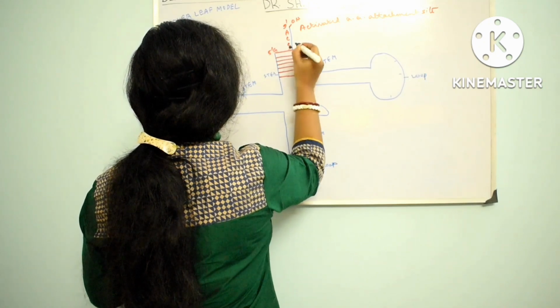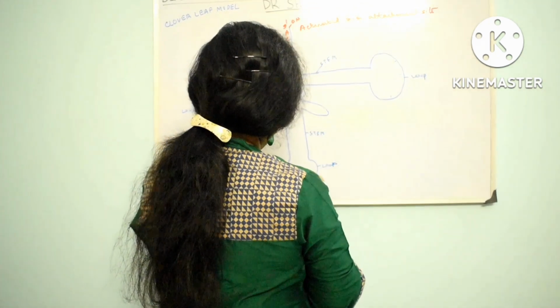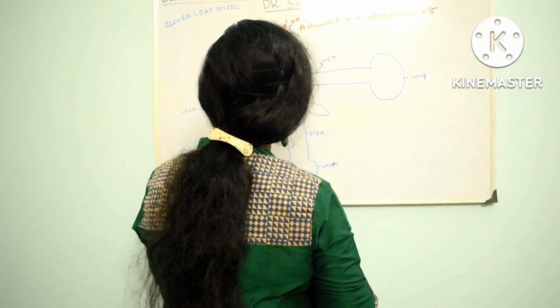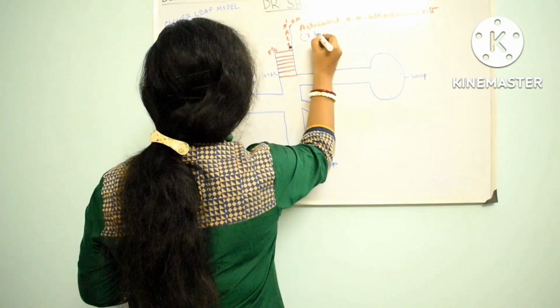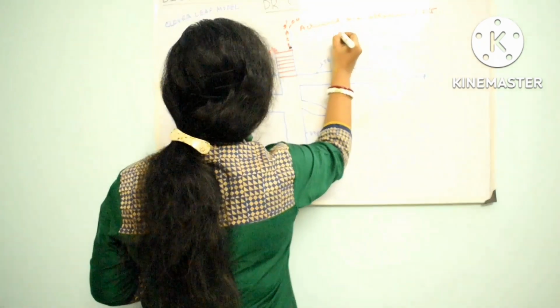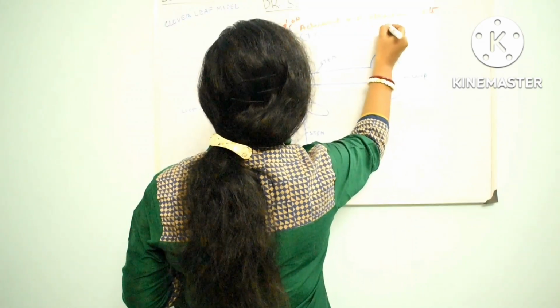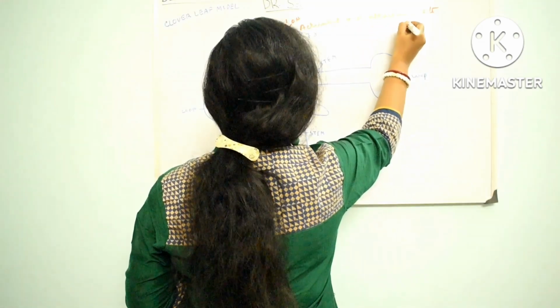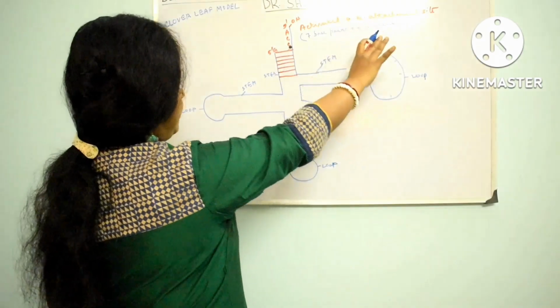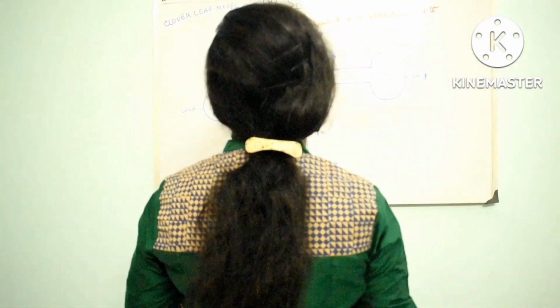Variant base is present. So here 7 base pairs and 4 nucleotides are present at the activated amino acid attachment site.